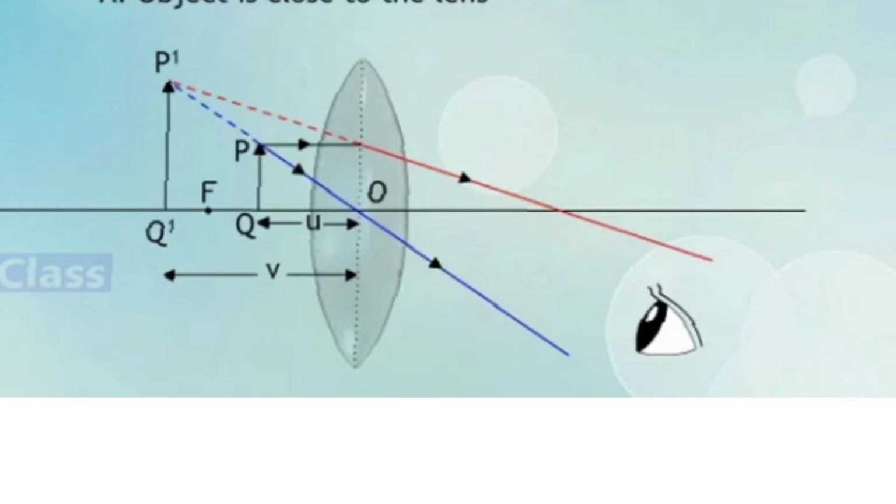You have to give the reason that it gives the bigger image. But how much bigger? That also you have to mention, that it can give a 20 times larger image of an object. So it becomes convenient for a person to check the faults or the defects in the watch and to repair. So this is how a give-reason question can be asked and you have to answer accordingly.